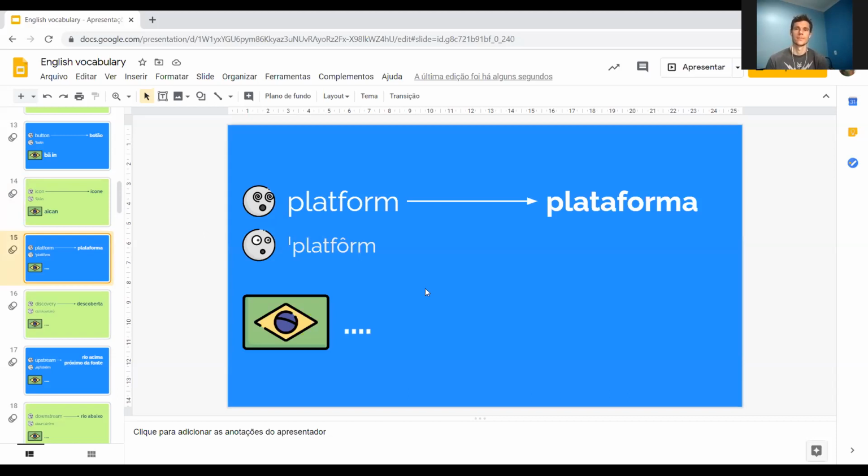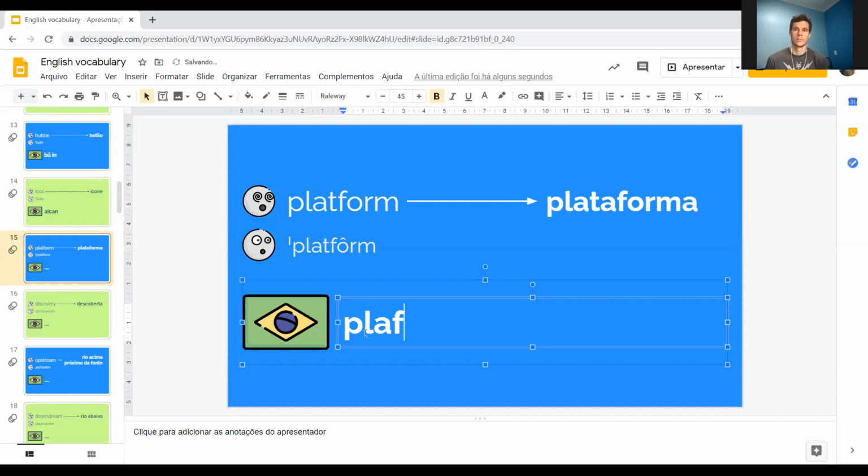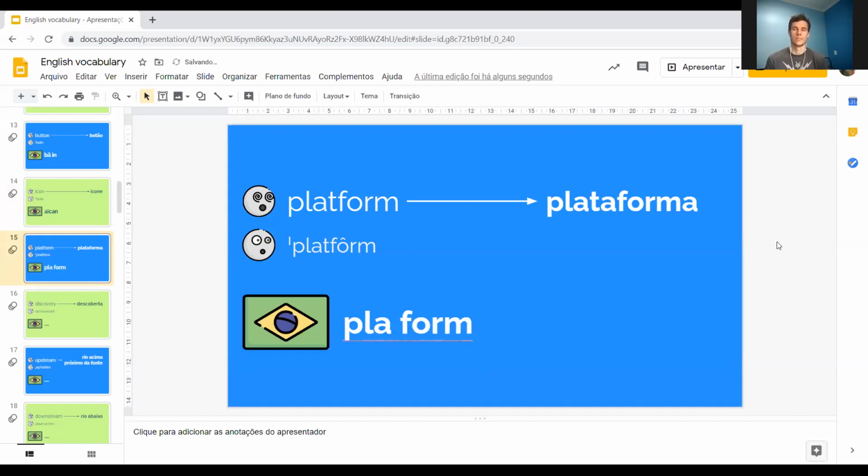Next one, I would say platform, without the T sound. Yeah, that's good. Platform. Okay. So, I rather the Android platform over iOS.